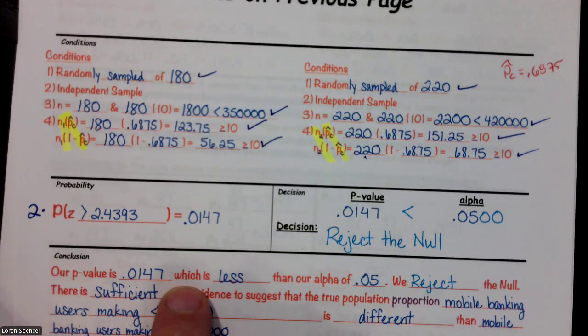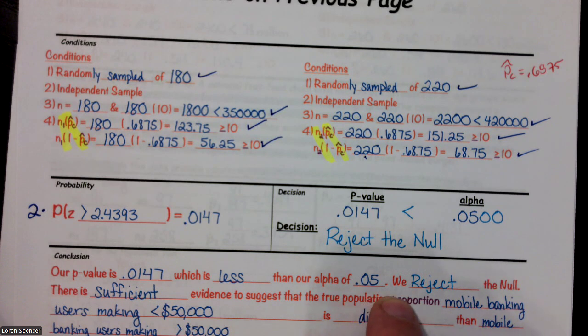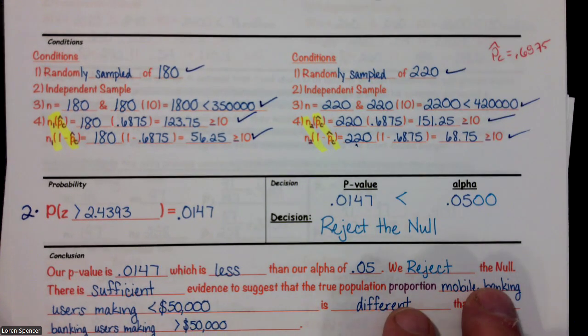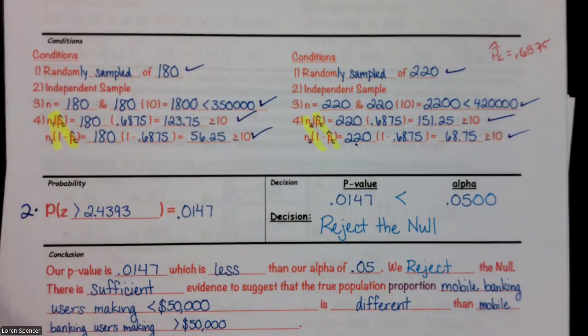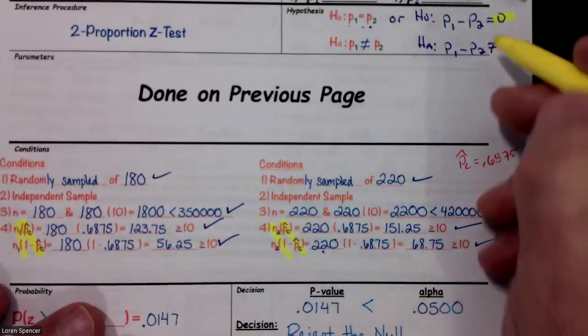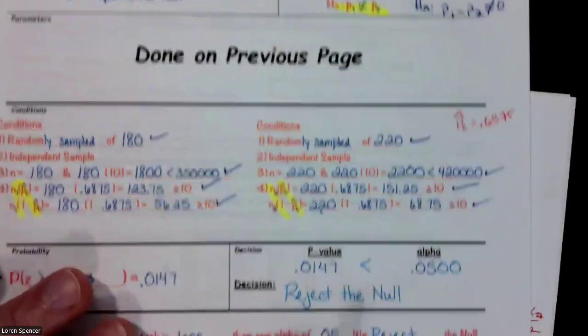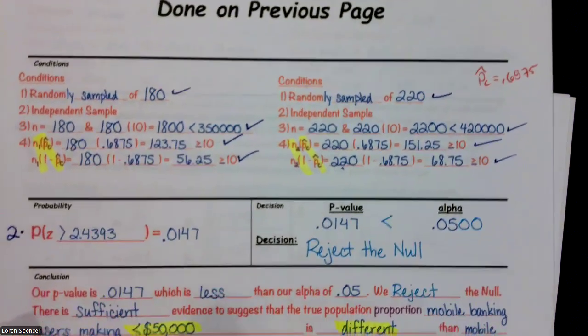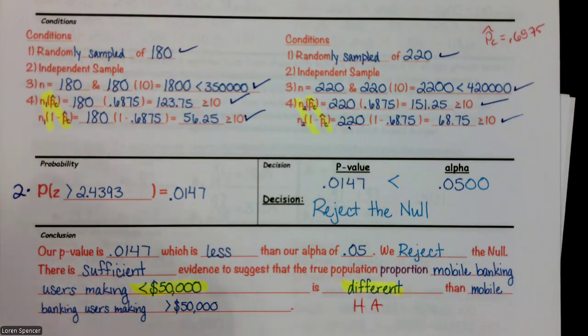There is sufficient evidence to suggest the true population proportion of mobile banking users making less than 50,000 is different. Now, where did that different come from? That different came from our alternative statement. So don't forget, this came from HA. Different than mobile bankers making more than 50,000.